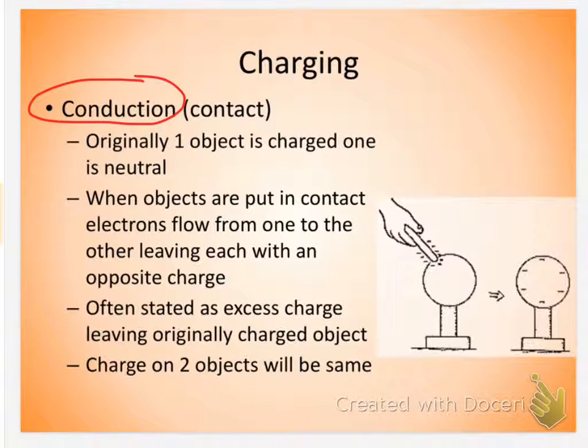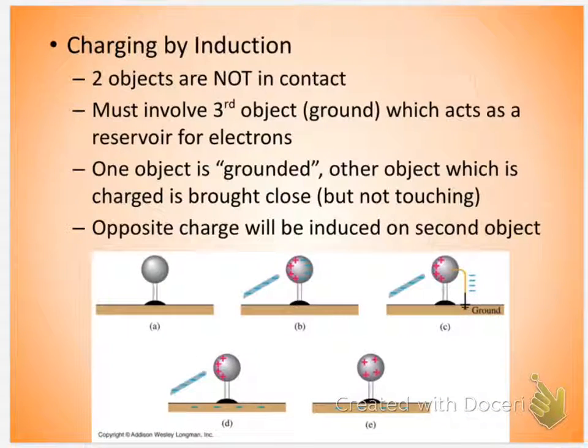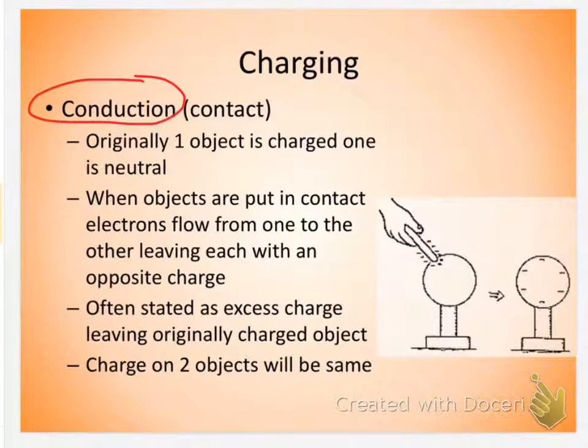Conduction means two things are in contact. So if you put a pan on a stove on a heating element, it is being heated by conduction because it is in contact. Charging by conduction means the two objects are in contact. Did you do some charging by conduction in the process of trying to figure this stuff out? Yes.